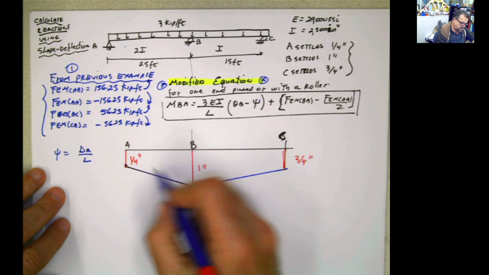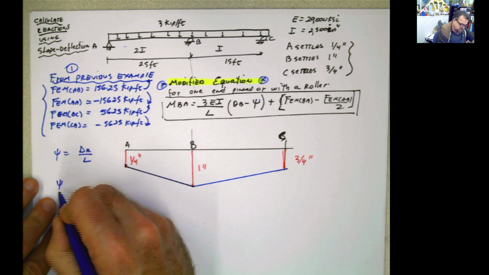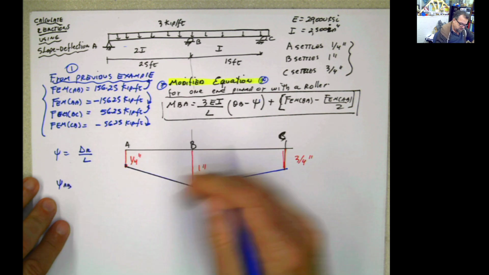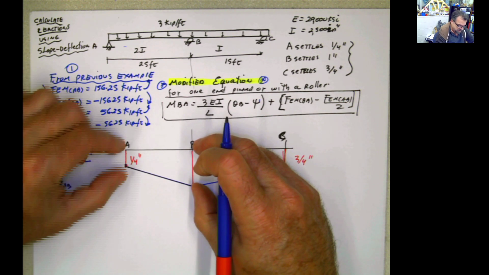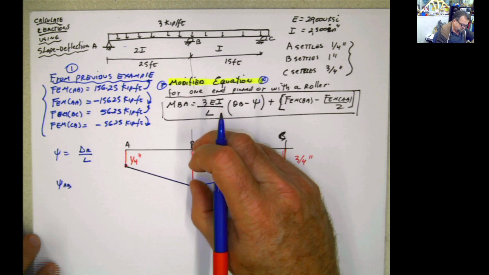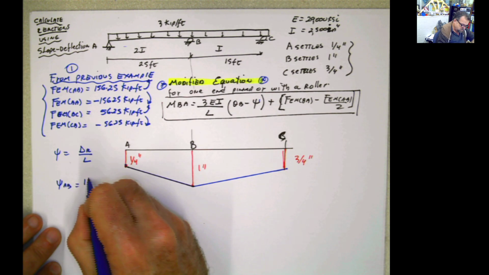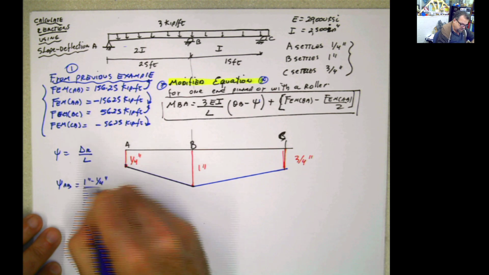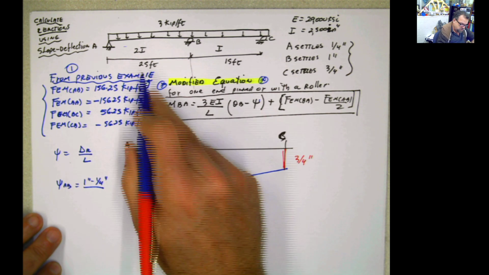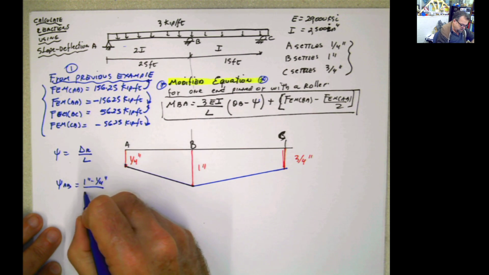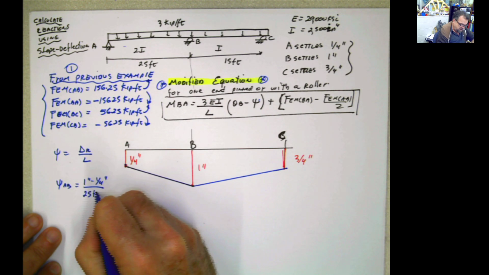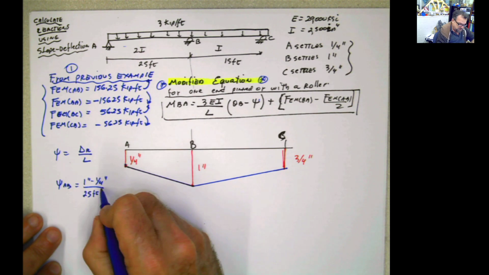So if we're calculating psi for AB, it's going to be the difference between these two settlements, 1 inch minus 1/4 of an inch, divided by the length, which is 25 feet. But we have to convert this into inches.